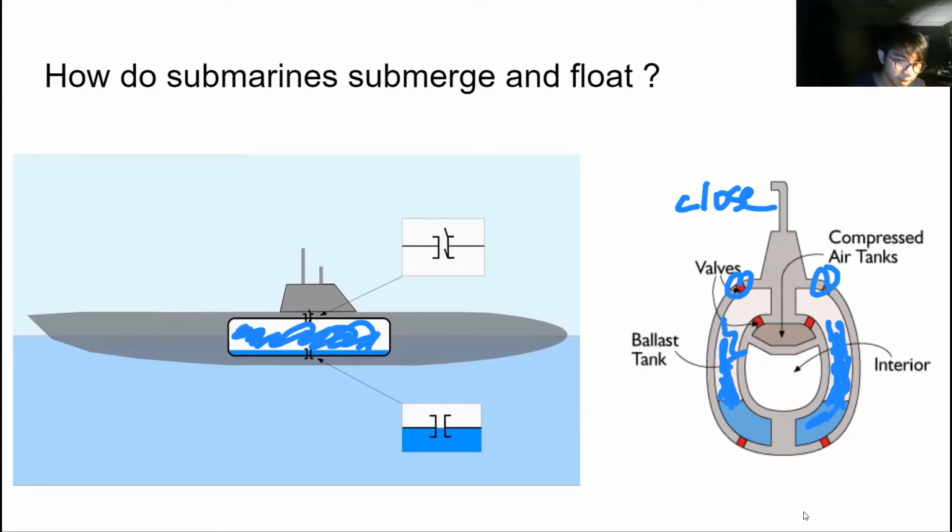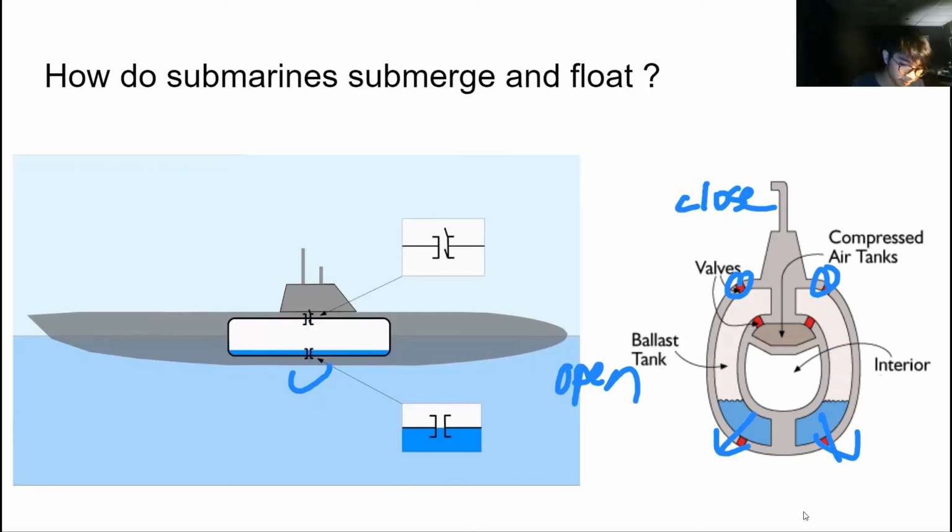And this is the main function of the compressed air tanks. These valves will be open. The compressed air tank will push all the water from the ballast tank out of the hole. So there will be no more water inside the ballast tank.